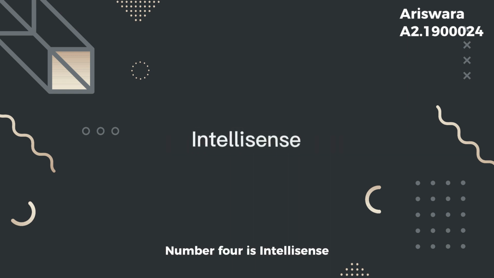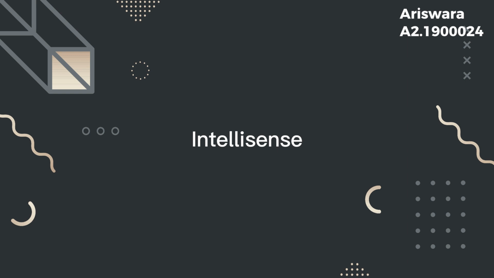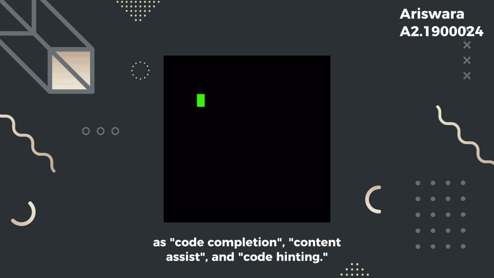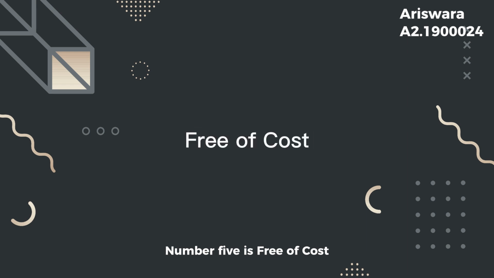Number 4 is IntelliSense, a general term for various code editing features including code completion, parameter info, quick info, and member lists. IntelliSense features are sometimes called by other names such as code completion, content assist, and code hinting. Number 5 is free of cost.